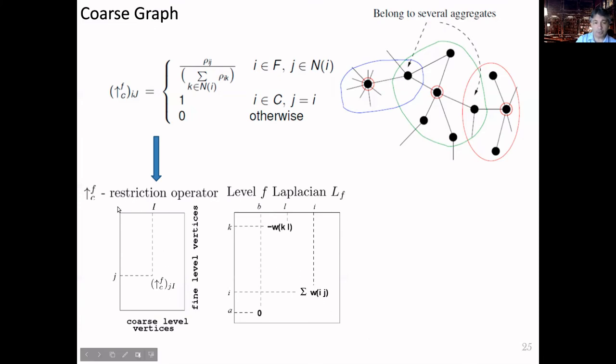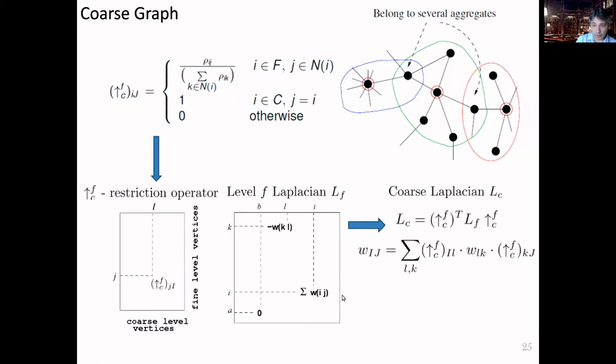Then the restriction operator that will be used in our quadratic form looks as follows. So this is the matrix of coarse level vertices by the fine level vertices. And the entry in this matrix says the following: how strongly this fine level node J belongs to the coarse level node I. All right, so then we create this quadratic form, and the form will give us, except the diagonal, the coarse graph Laplacian.